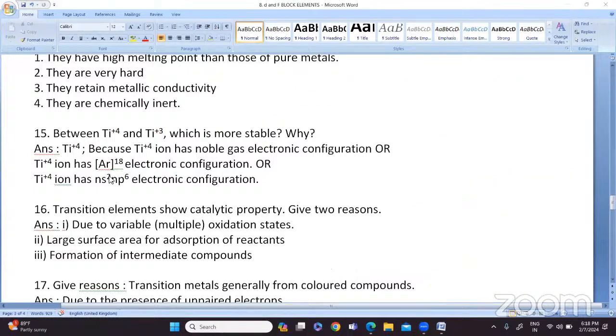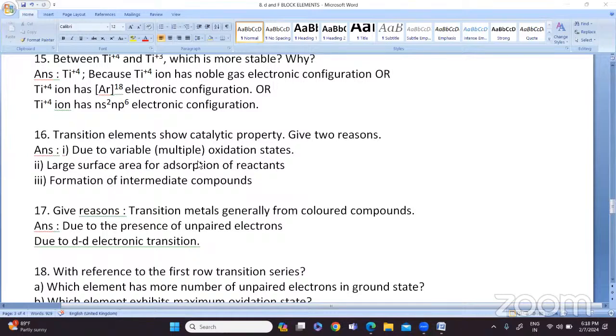Next question. Transition elements show catalytic property. Give two reasons. Why do transition elements show catalytic property?